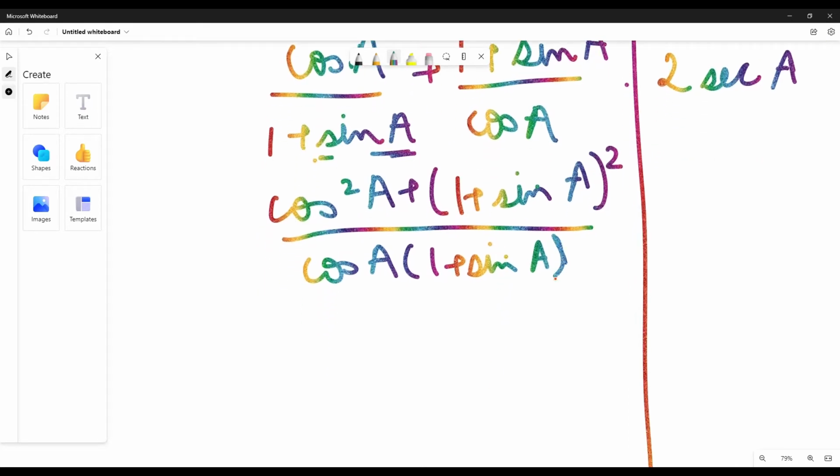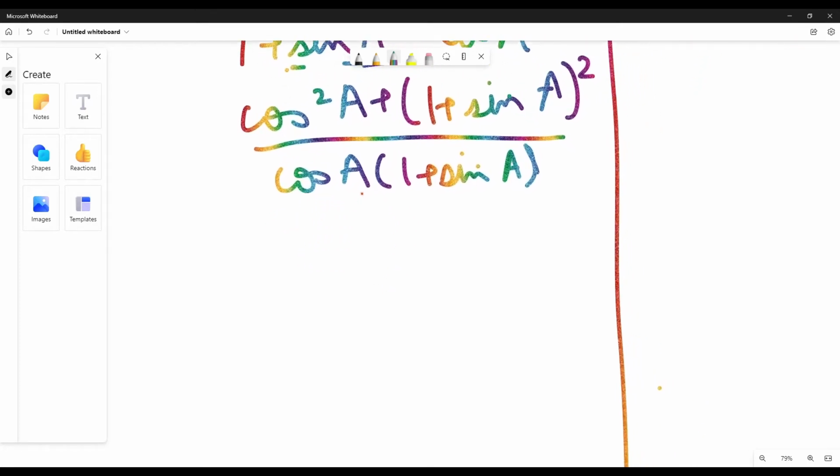Some of you might think that we can cancel these. No, because that's a plus sign, that is our enemy right now, and we cannot cancel it because of that. So the next step is not to simplify this.